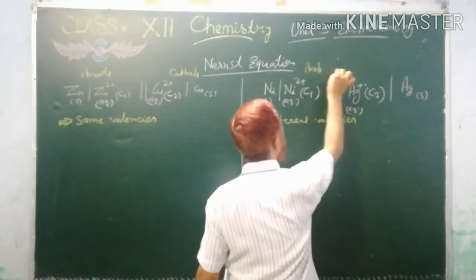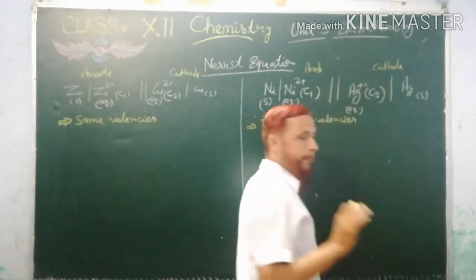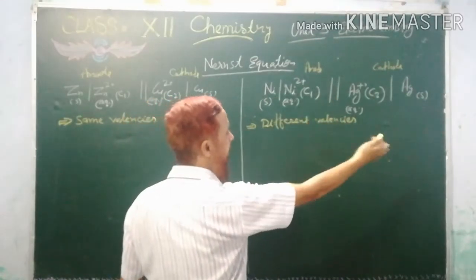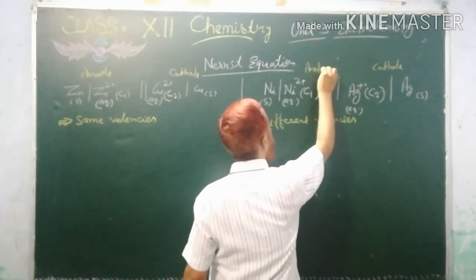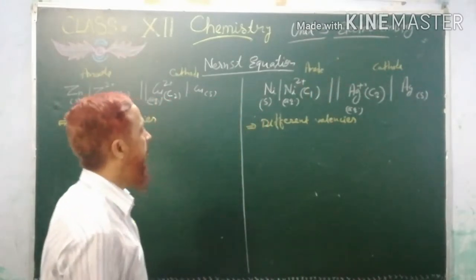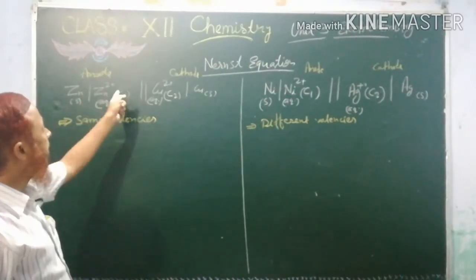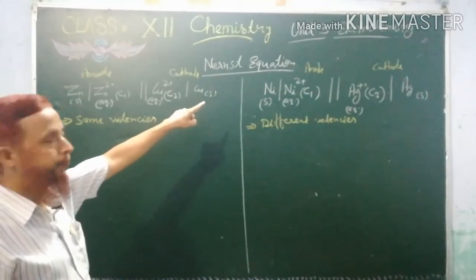This is the anode system and this is the cathode system. Always when we represent galvanic cell, cathode will be represented right hand side, anode will be represented left hand side. In this condition, when ions are same, we can write the Nernst equation.